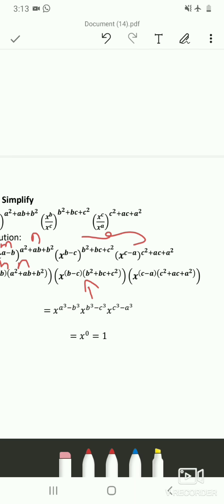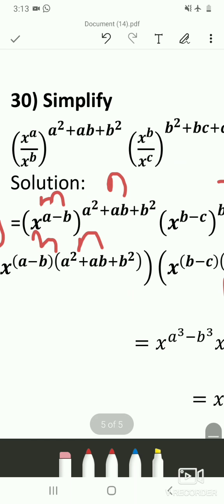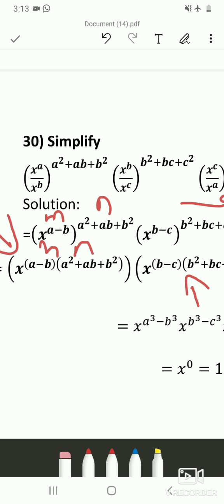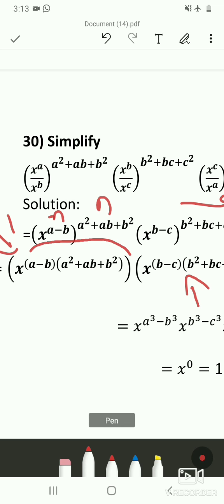Now I want you guys to observe this power term. So we had seen in the formula a cube minus b cube is nothing but a minus b into a square plus ab plus b square. So this whole term can be written as a cube minus b cube.